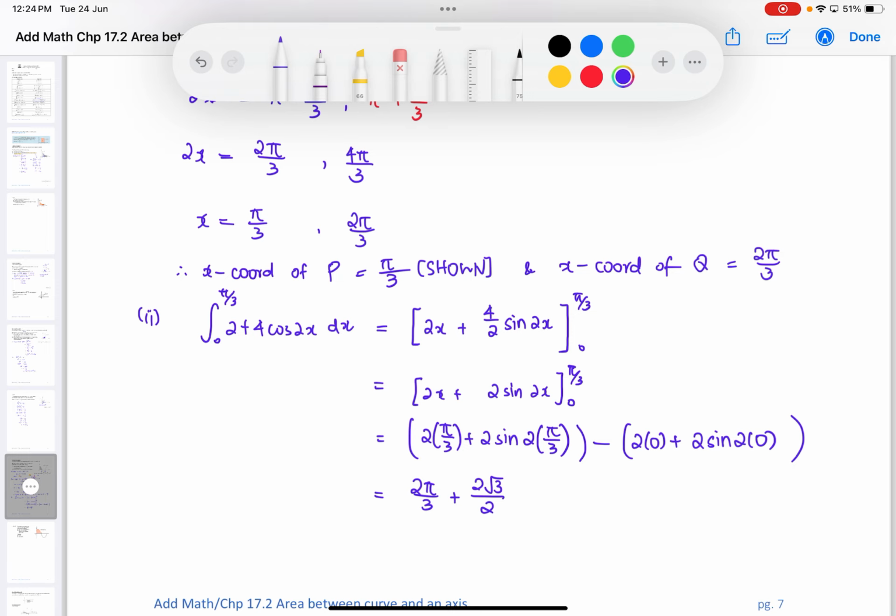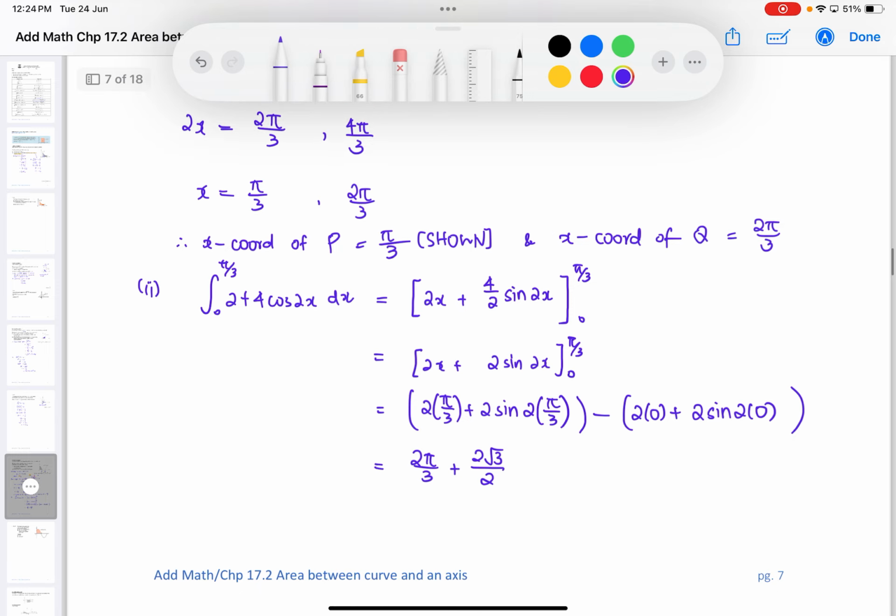And then 0, the rest are 0, so you can ignore it. So this is the answer. Oh wait, I should write the units. Unit square. Okay, now can I get y'all to try it?